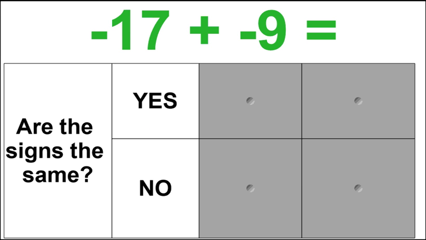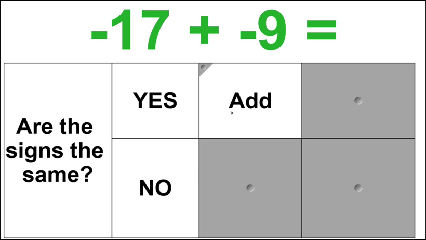So to review, whenever you see a problem, in this case we got negative 17 plus negative 9, you always ask the question first, are the signs the same? So are the signs the same for this one? Yeah, it's a negative 17 and a negative 9. When they're the same, what do we do? We add.